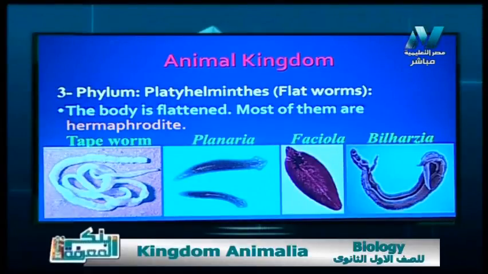So they don't need locomotory organs or body systems, just alimentary canal to suck the food. Most of them are hermaphrodite, except the bilharzia, and the bilharzia has male and female worms which stay embracing each other, like as you see in this picture.